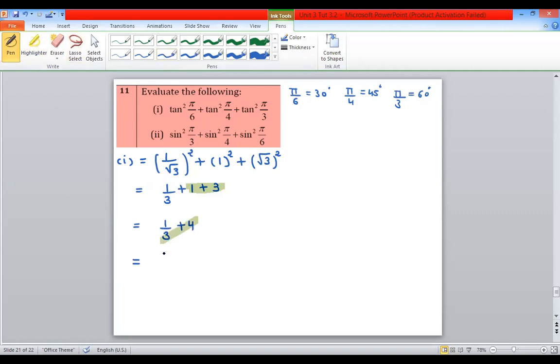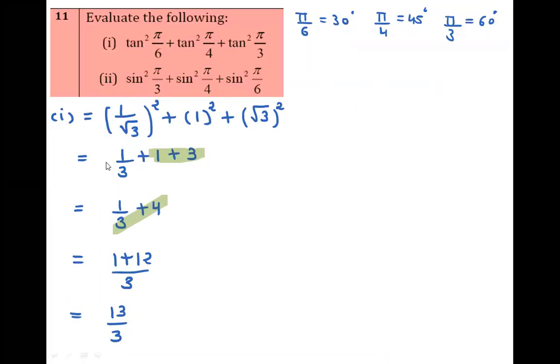So it will be 1 plus 12 by 3. And this is your answer, 13 by 3. You can take the LCM directly here. Otherwise, you have two common numbers, take the addition, then you can take the cross multiplication of it.